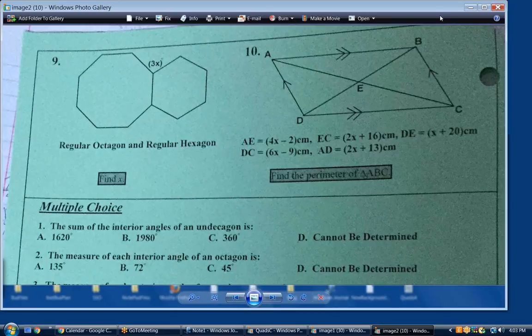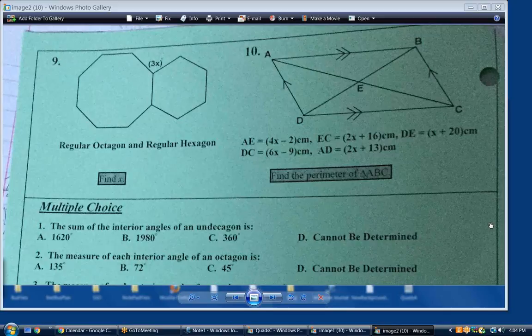As far as which one of these you want to start with or skip? Could we do 9? Sure. So, what is the measure of the exterior angles of an octagon? 360 degrees.